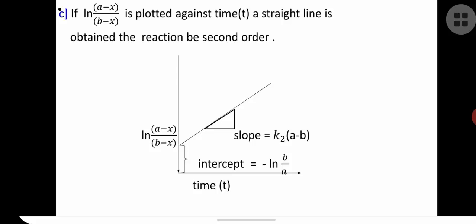Similarly, if we plot the graph of 1/(a - x)^2 against time, a straight line is obtained having slope 2k3 and intercept along the y-axis 1/a^2. This shows that the reaction would be third order with equal initial concentration.